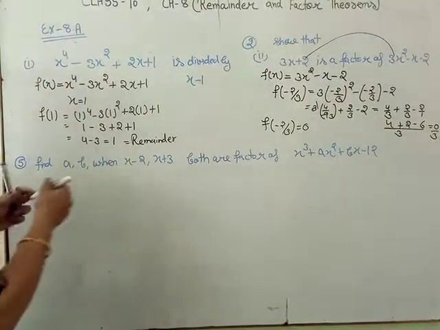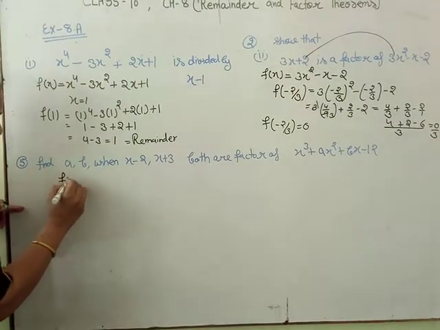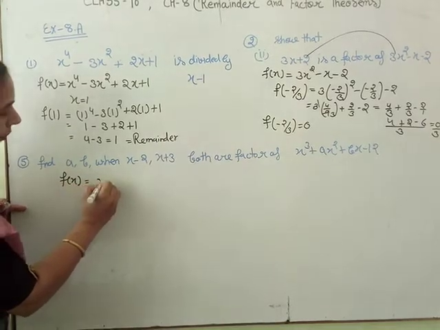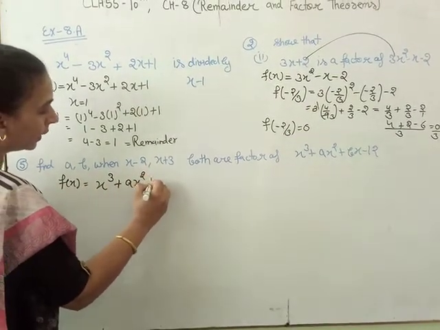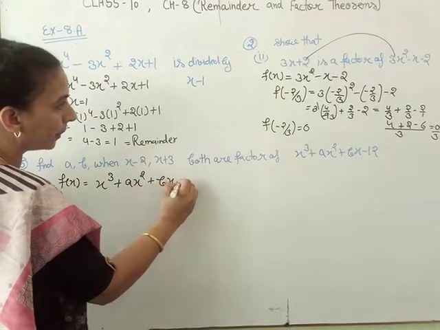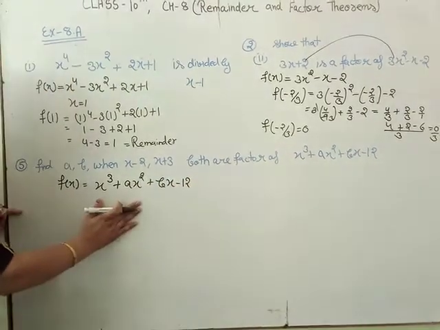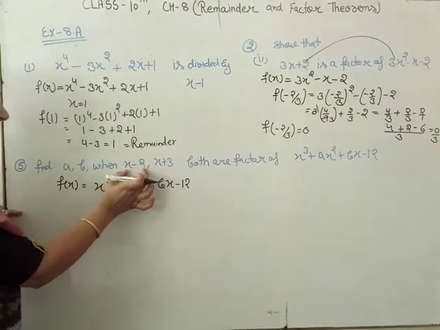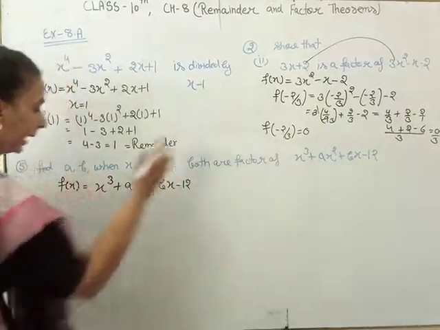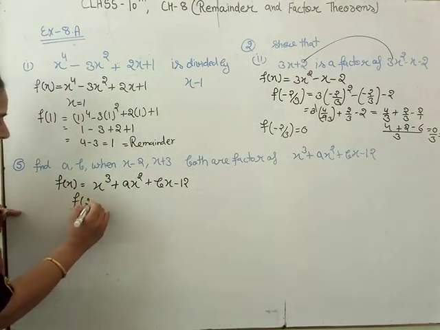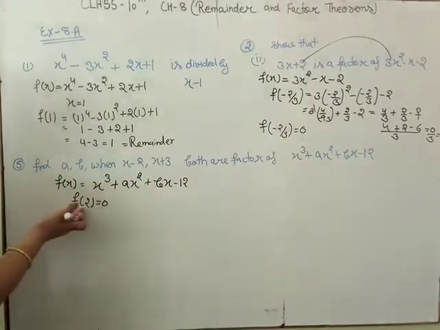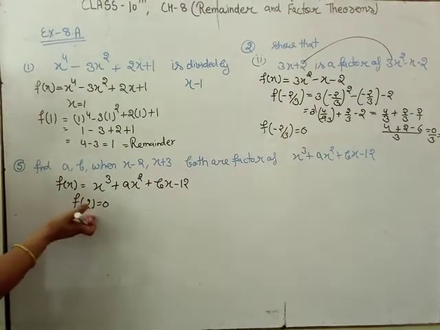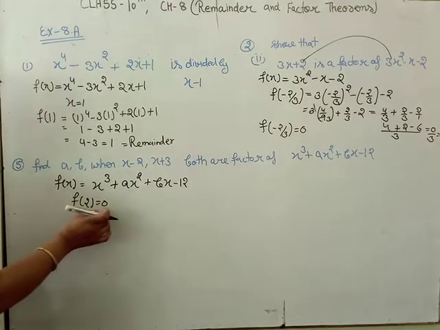If we have the polynomial f of x equal to x cube plus ax square plus bx minus 12, and x minus 2 is a factor of this, then f of 2 equal to 0. Student, if x minus 2 is a factor, then f of 2 equal to 0. We have to use this.